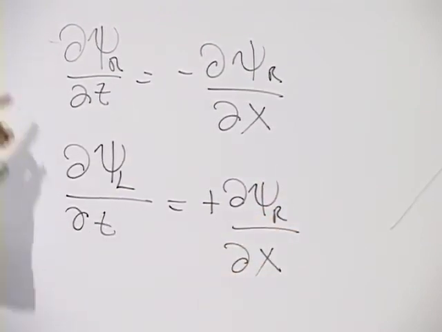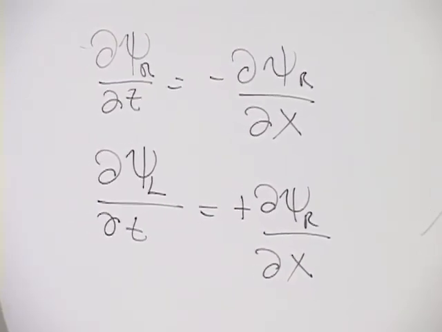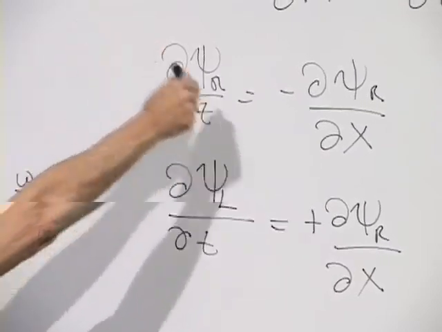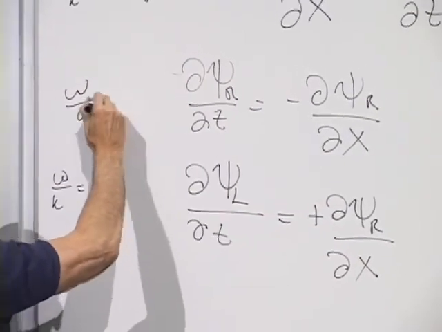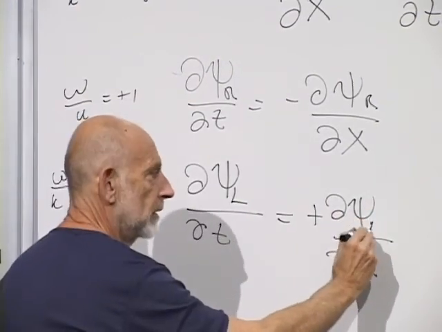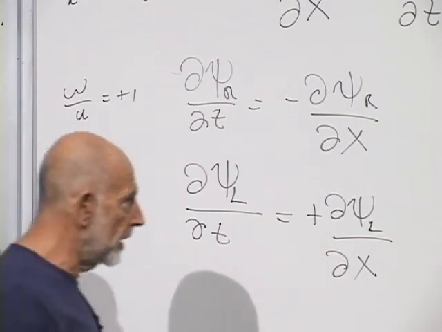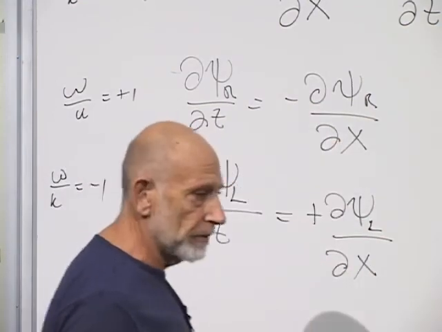If we work out the relation between omega and k in this case, it's omega over k equals minus 1. In the other case, it was omega over k equals plus 1. Left. These are right movers, these are left movers. Okay? The only difference is the sign of this term here.